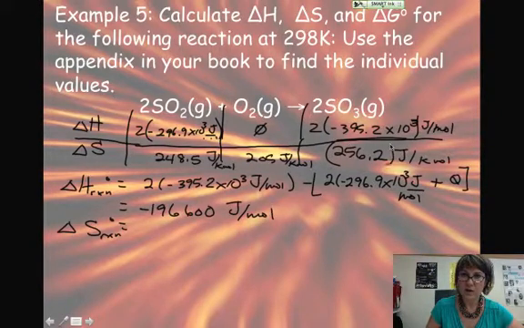Now let's apply our stoichiometry. I have 2 sulfur trioxides and 2 sulfur dioxides, so we'll double both of those values, and now we'll do the sum of the products minus the sum of the reactants.